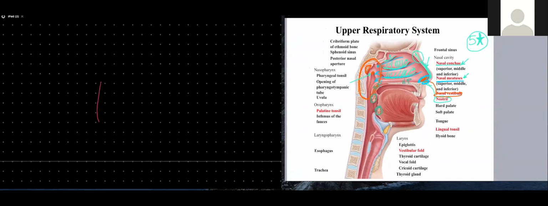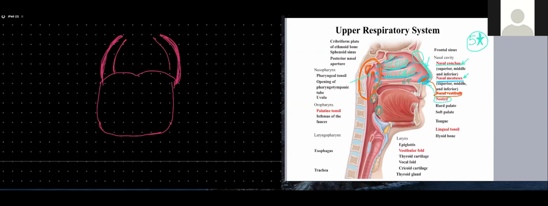If this is a tongue like this, protruded to the outside, I've got 2 arches, the palatoglossal and the palatopharyngeal arch, like this. On both sides, between the 2 arches, we've got the palatine tonsils on here.